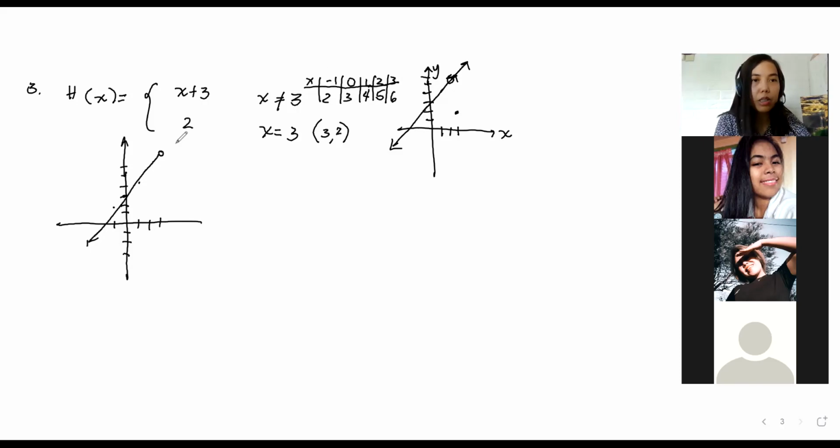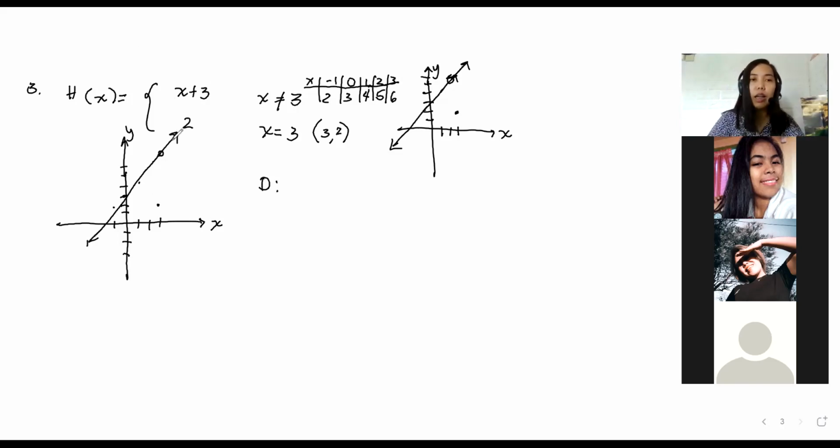Touch. Basta it's a line class, open siyang ganyan. And then, point. 3, 2. Okay. So what do you think is the domain?